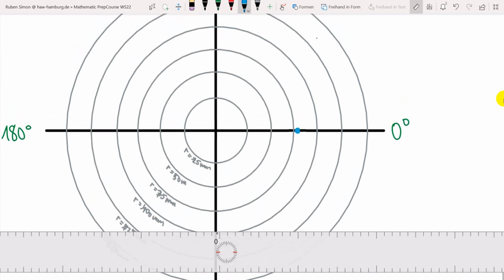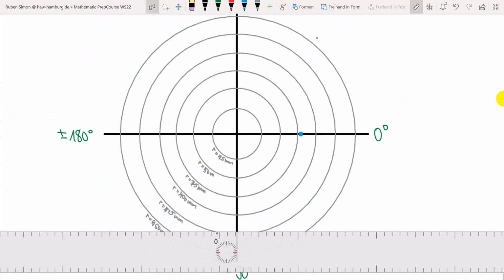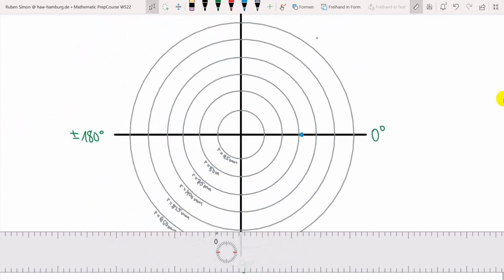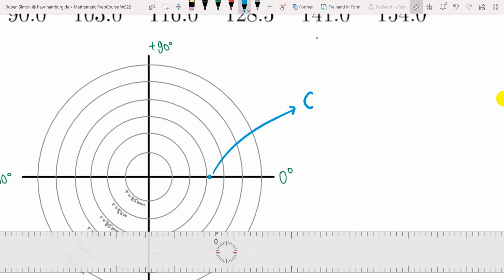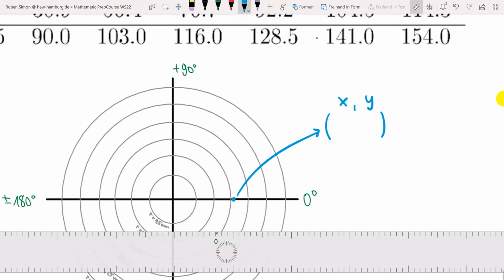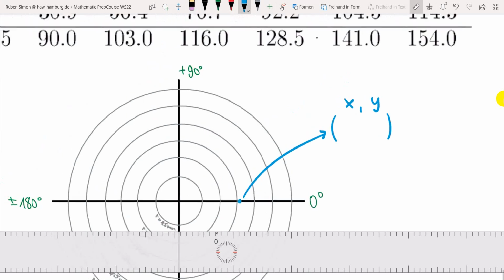Maybe one question about this one. What would be the Cartesian coordinates of this point? So the XY coordinates. It's going to be 77.5, comma, 0.